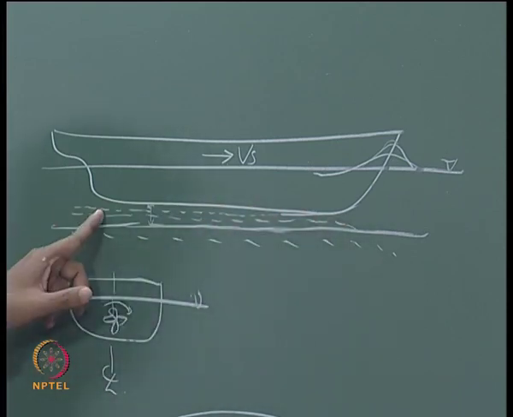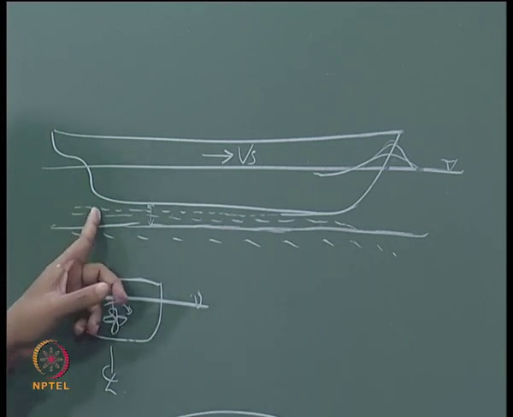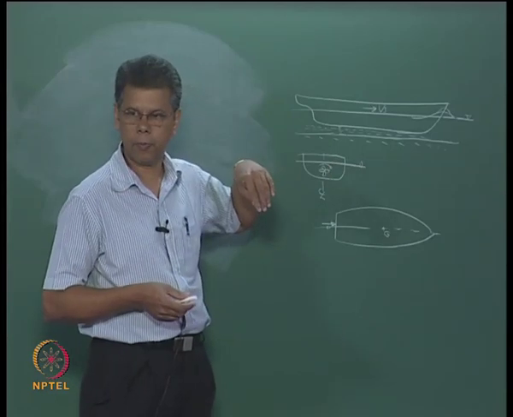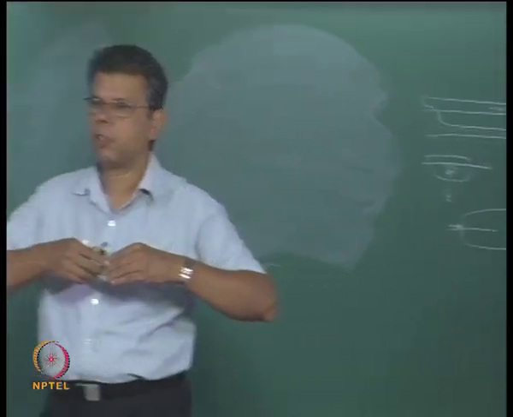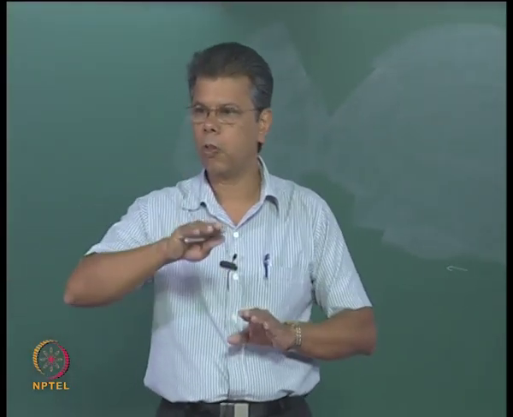So what happens to the pressure compared to these two regions? Which region will have low pressure of the two? Because the flow velocity is high, the pressure here again will be lower. Then with lower pressure, the aft region of the ship will try to sink more than the forward region.